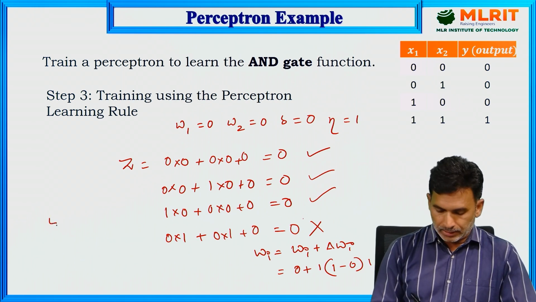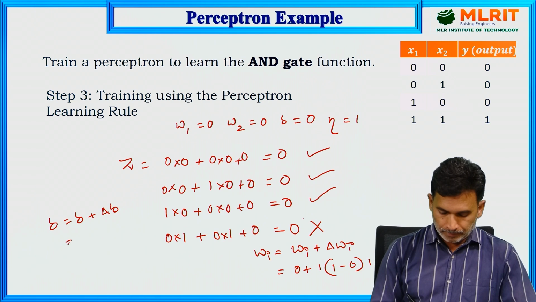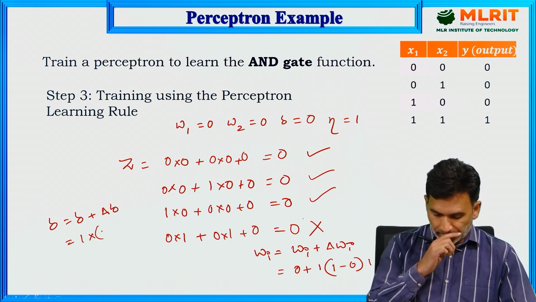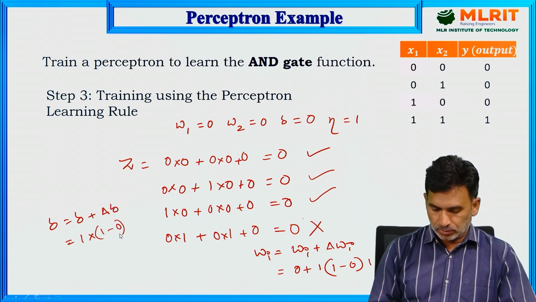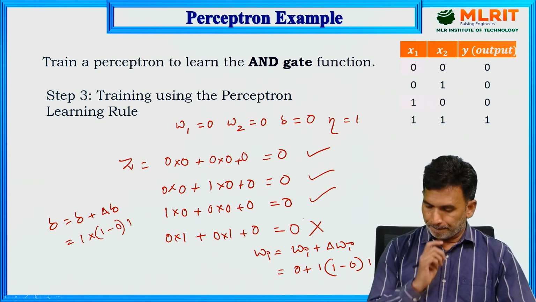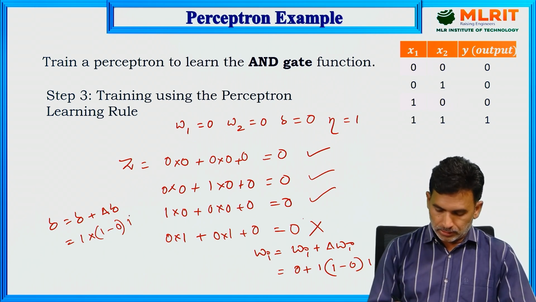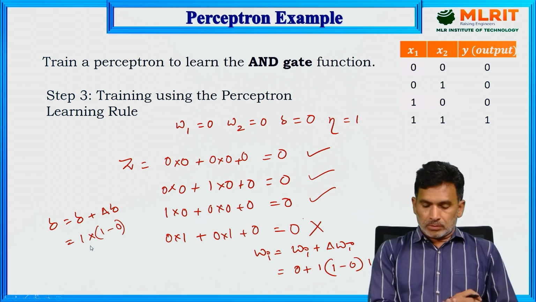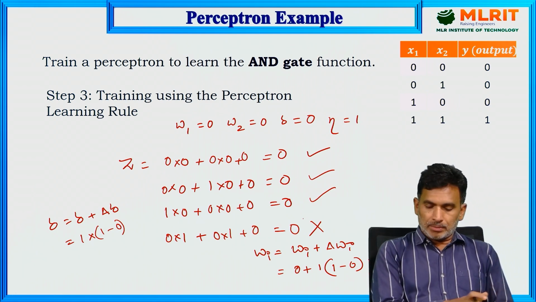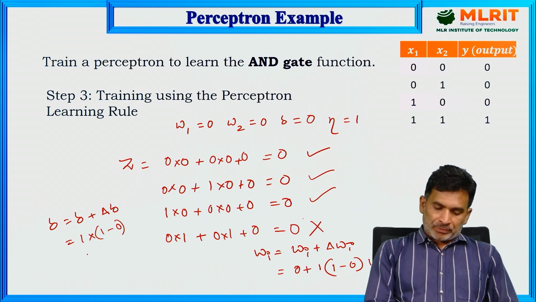And then bias equal to B plus delta B, that is equal to learning rate times the y true value minus y predicted value. Sorry, there is no x1 here. So 1 times 1, that is equal to 1.